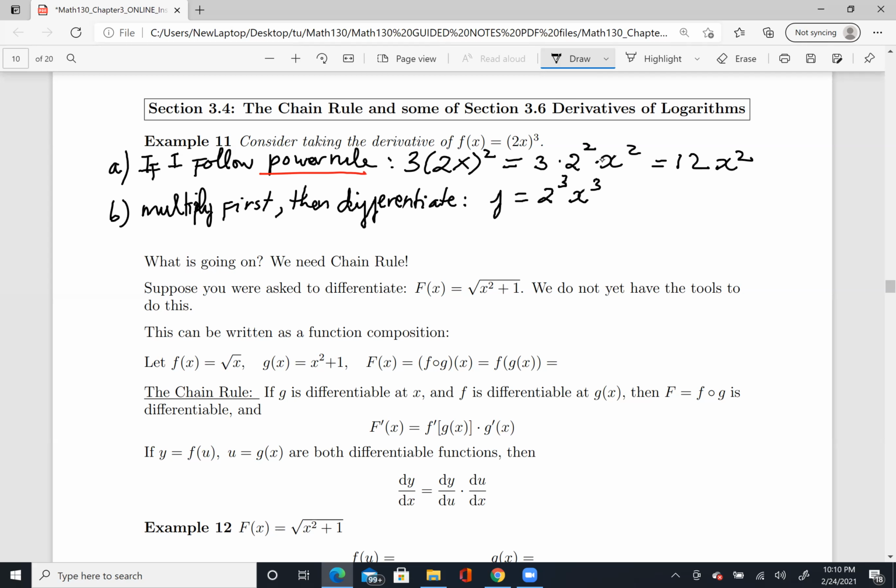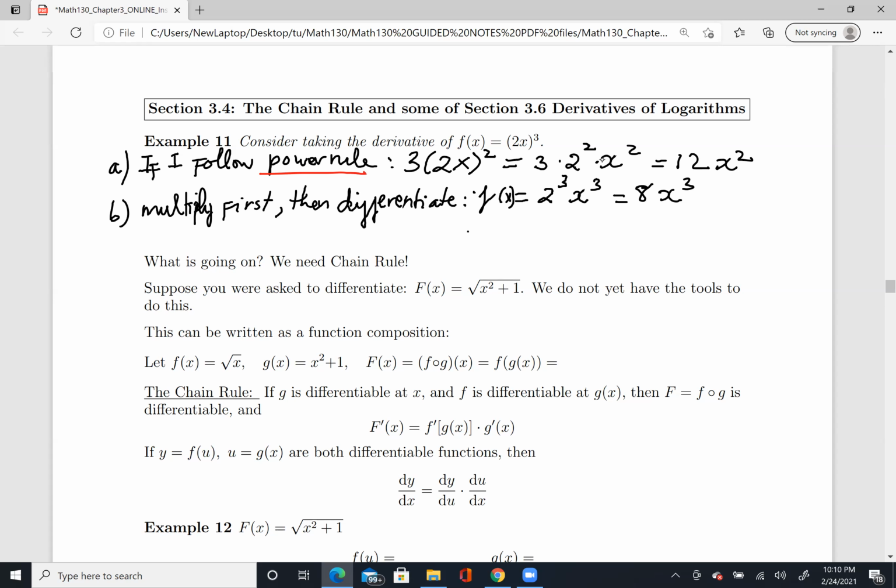So I'm going to have 2 to the power third, which is equal to 8, times x to the power third. That is just for f of x. Now I'm going to do the derivative of this.